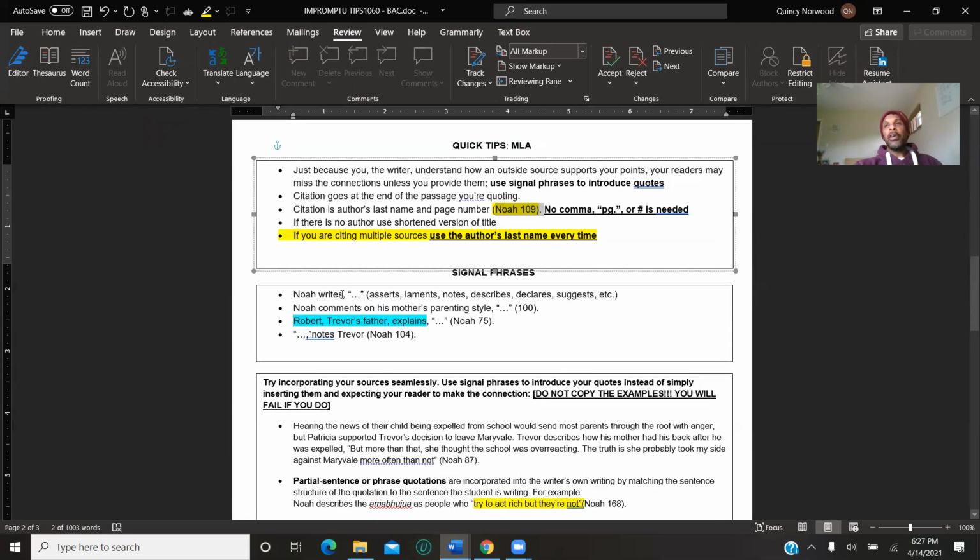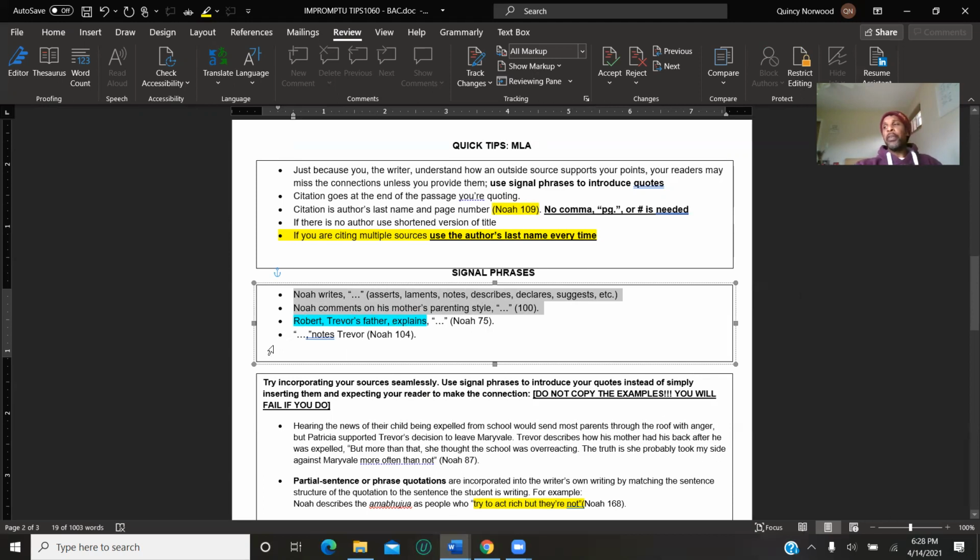Signal phrases. I know on a couple of the final assessments I graded, I wrote, make sure you use signal phrases. This is what I mean. Noah writes, okay. Noah comments on his mother's parenting style, and then you go into the quote. Robert, Trevor's father, explains.